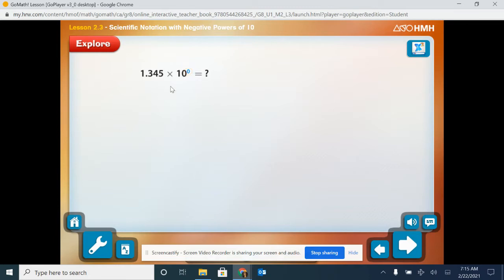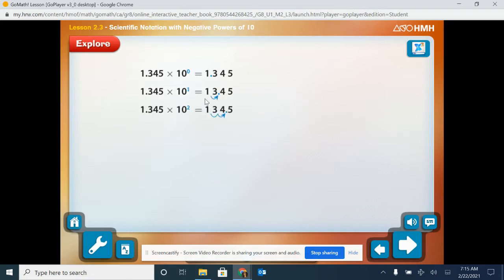So since this is 0, I'm not going to move the decimal at all because the exponent is 0. 10 to the 0 power is 1, and 1 times 1.345 is just going to be 1.345. For example, 1 and 345 thousandths times 10 to the 0th power is still 1 and 345 thousandths. We do not need to move the decimal point.